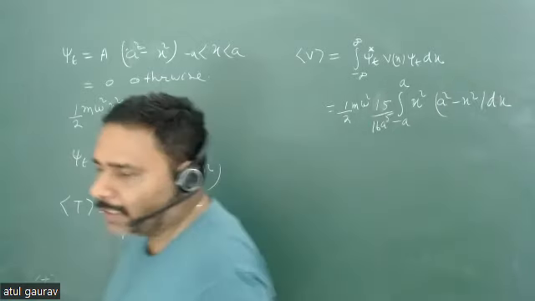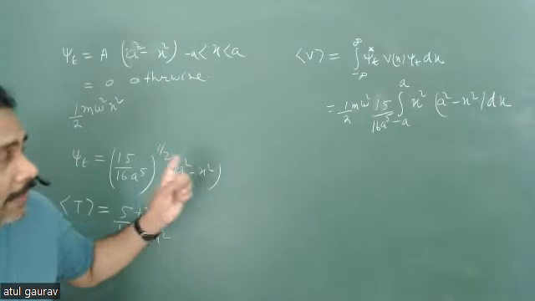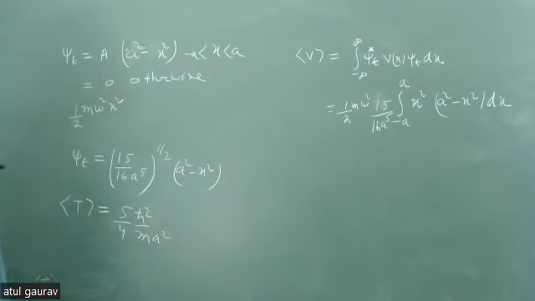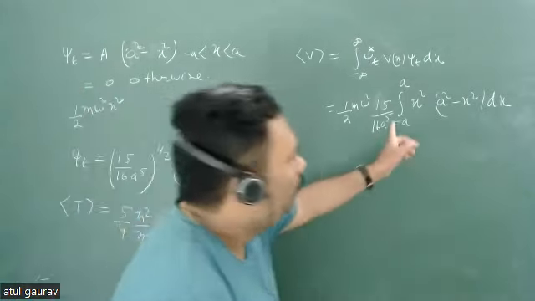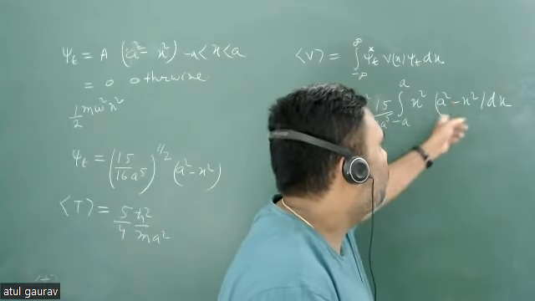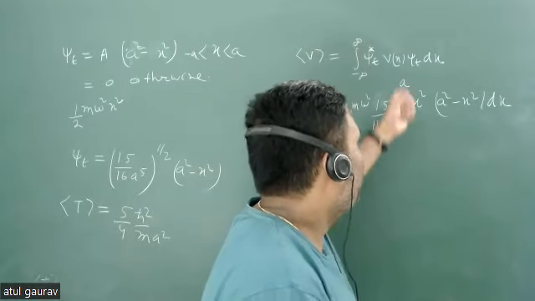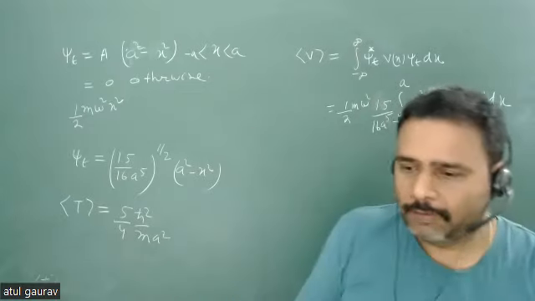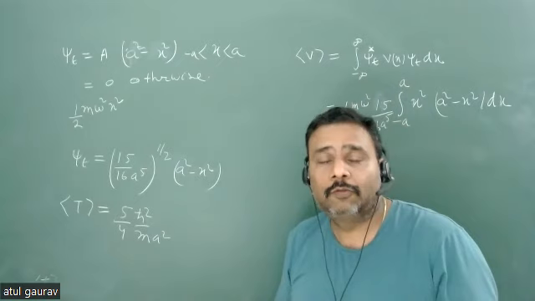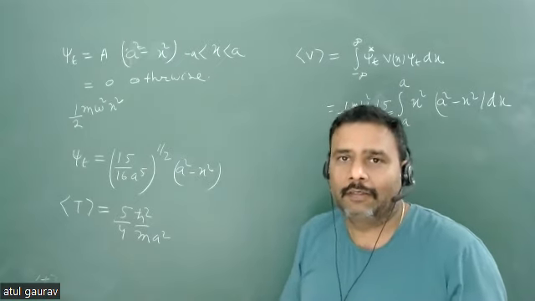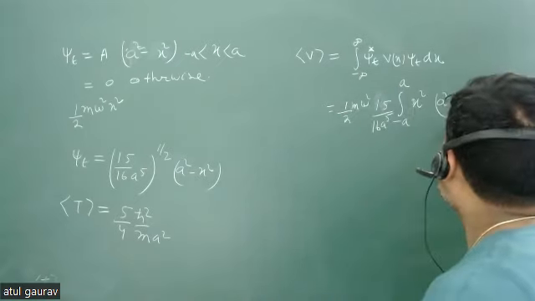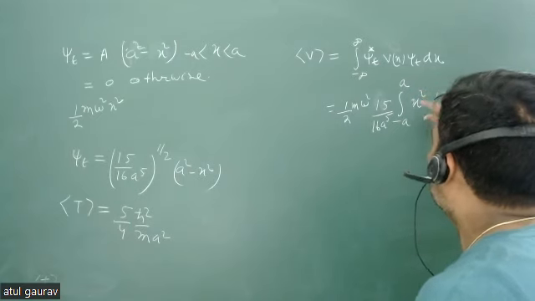Now the calculation is very easy, but there is a fair chance that you can make some blunder or error in the calculation. So we can just check which type of function it is. Whenever you see this type of function and this type of limit, first you have to check whether there is any chance of getting an odd or even function. If I change x to minus x, this will be an even function.